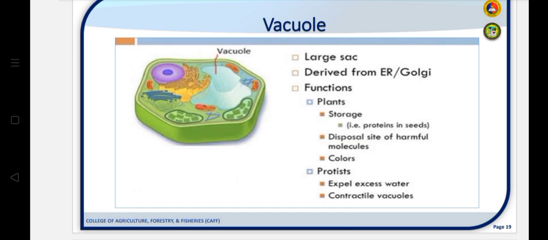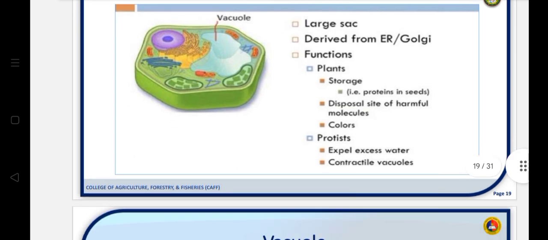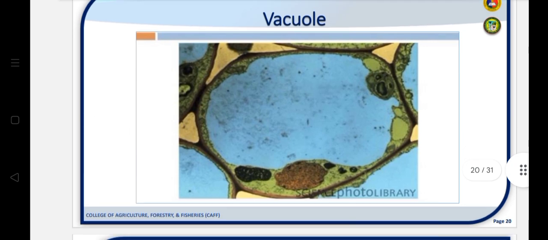These special vacuoles contract to push water out of the cell. So the vacuoles are versatile. They can store, clean, color, and even pump water. Each organism uses its vacuole in its own special way. Under the microscope, this is how the vacuole looks.